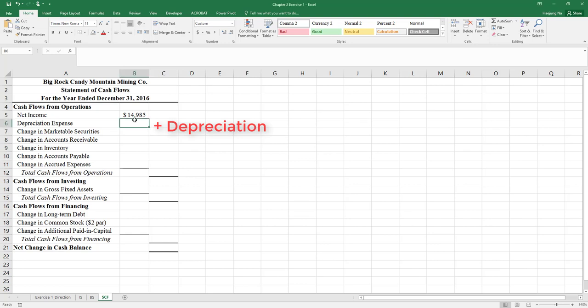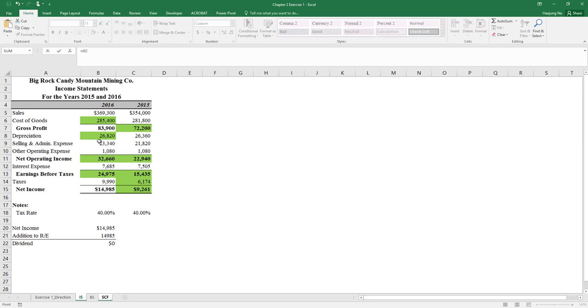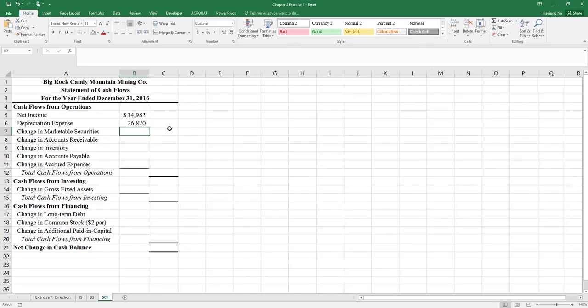That way we could correctly calculate the cash outflow or inflow. So why don't we go to the income statement and find the depreciation amount, and say okay. Depreciation expense has just been added back to the net income amount.